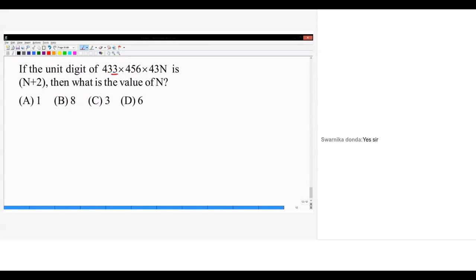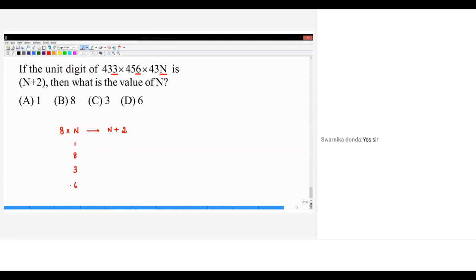3, 6 are 18. 18 into n, which means 8 into n is ending with n plus 2. Therefore, 8 into 1 is 8. So no. If you substitute 8, 8 into 8, 64, it's not ending. 3, 8 3s are 24, it is not ending with 5.